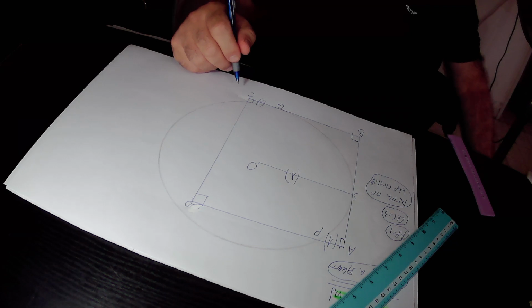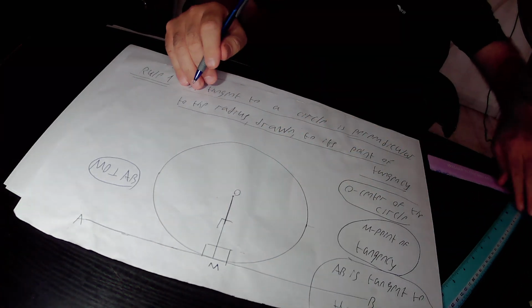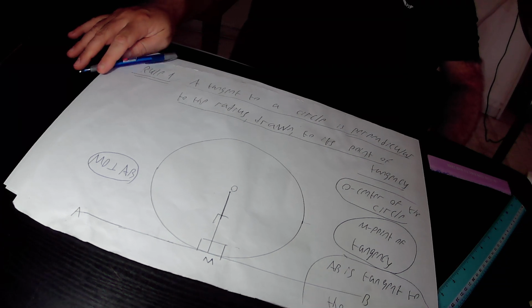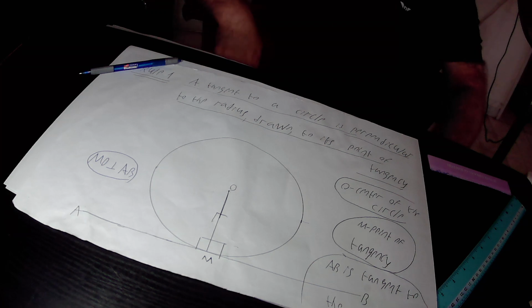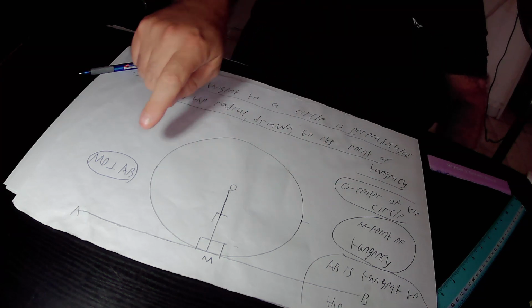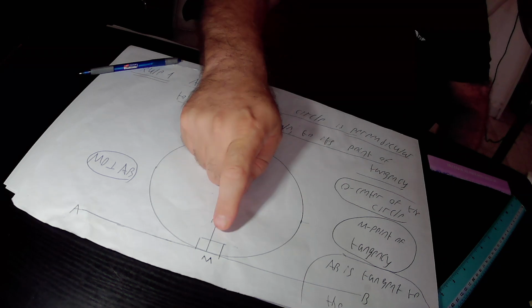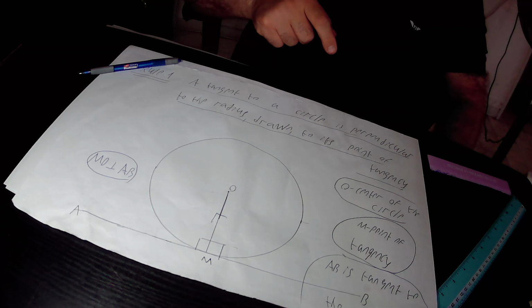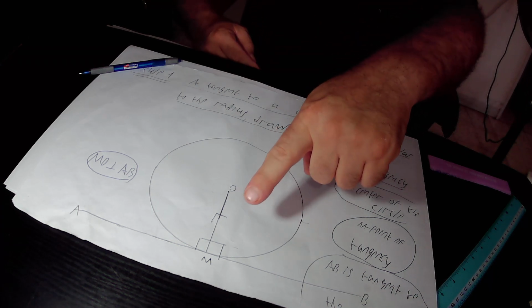So here we can implement rule 1. According to rule 1, the tangent to a circle is perpendicular to the radius drawn to its point of tangency. In the drawing we have a circle, and this is tangent AB, that is tangent to this circle at point M. Point M is the point of tangency of tangent AB with this circle. In addition, we have here the radius OM.